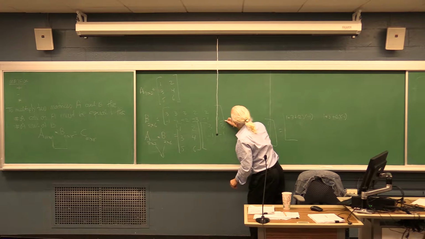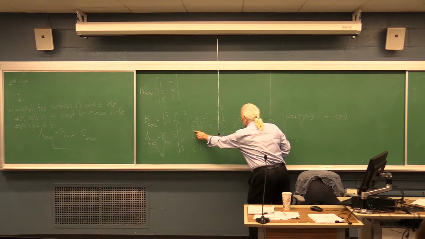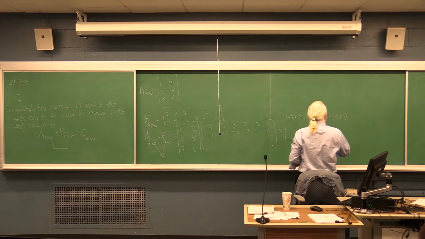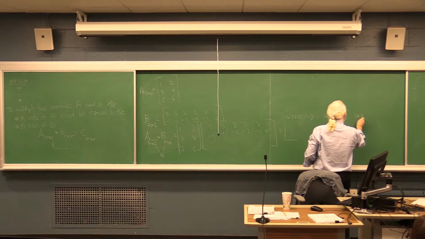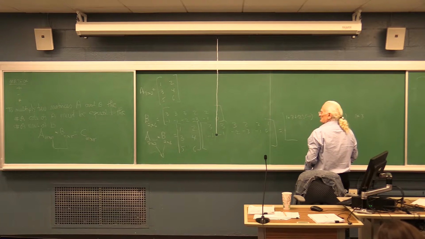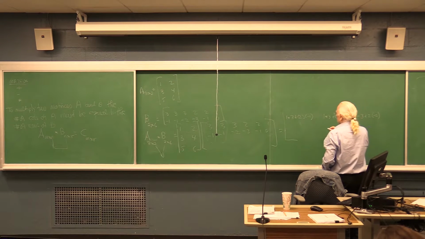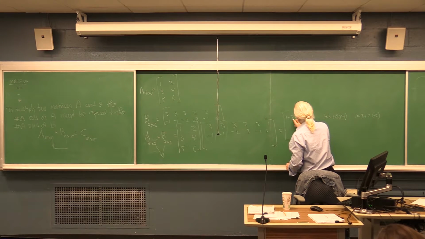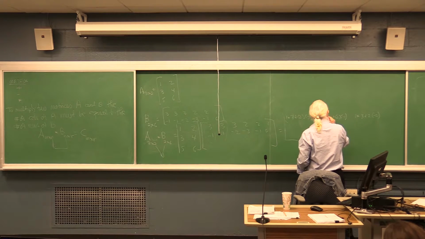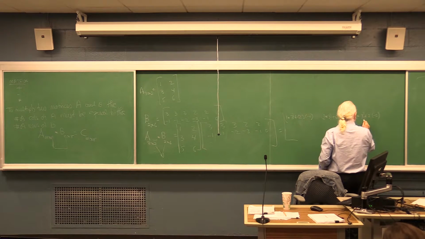So first row times the second column. Then the first row times the third column. 1 times 3 plus 2 times negative 2, right? And remember, you're using parentheses here. You have to be careful, right?